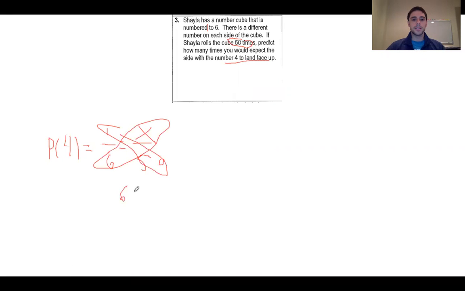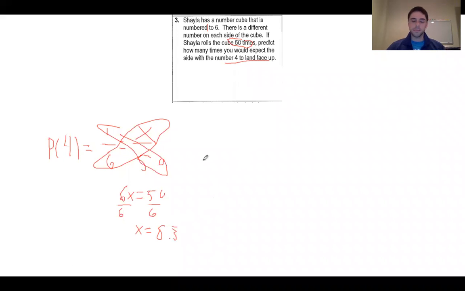And we get 6x equals 50. Divide both sides by 6. And we're going to get x is going to equal what? 50 over 6. What is that? 8.3 repeating.